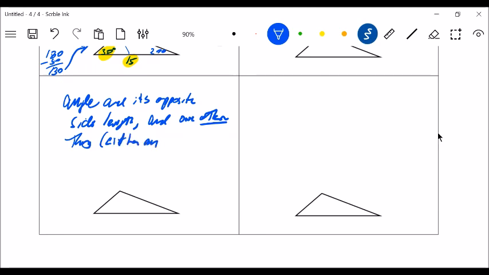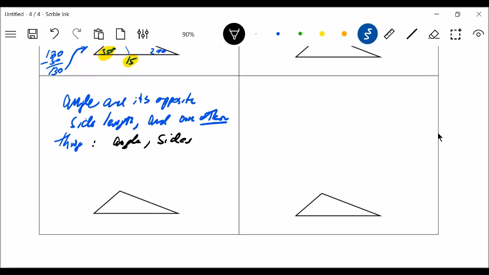That other thing could be one of the angles or one of the sides.